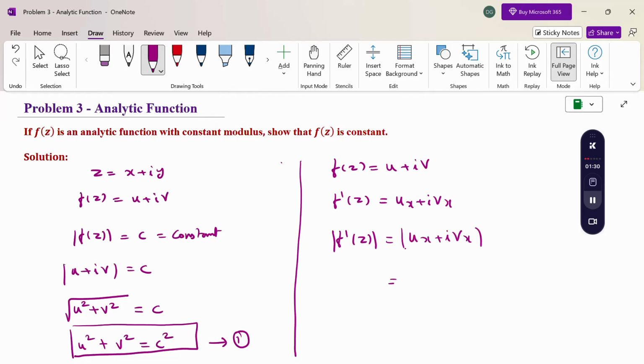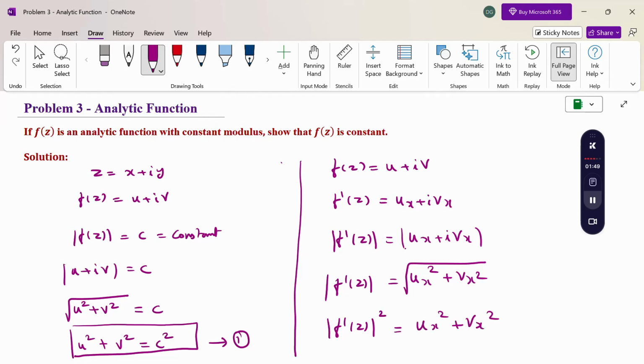Removing the modulus, the square root of ux square plus vx square. This is the modulus of f dash of z. Now squaring on both sides, modulus of f dash of z square equals ux square plus vx square. Consider this equation 2.